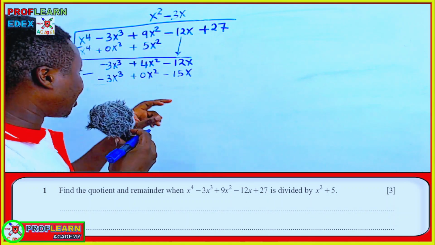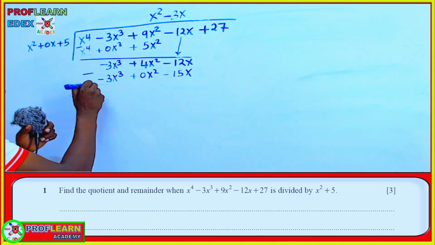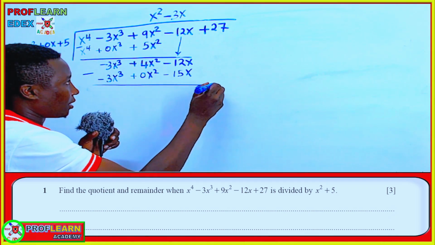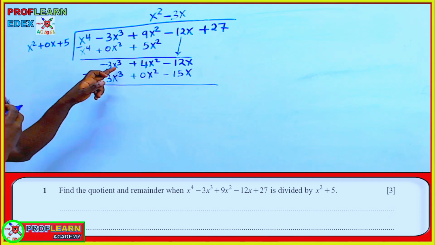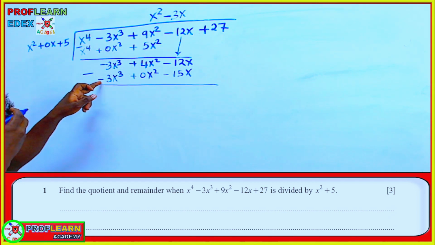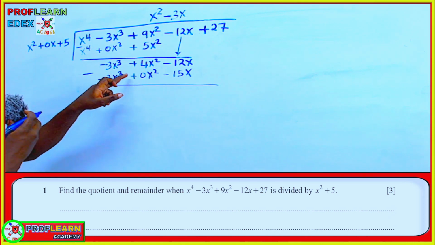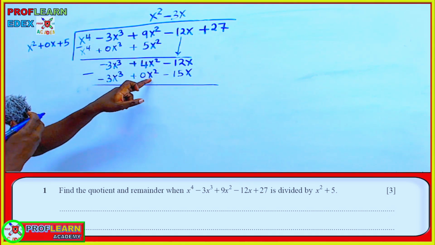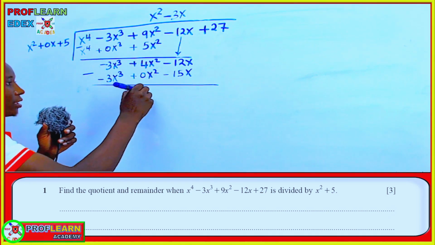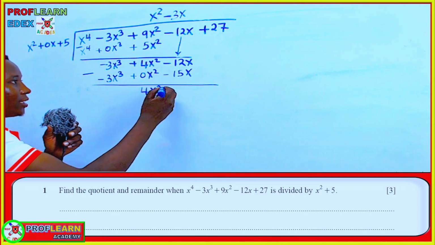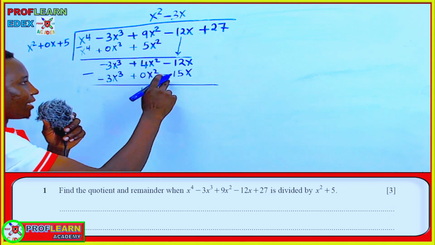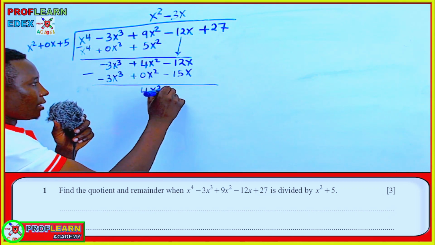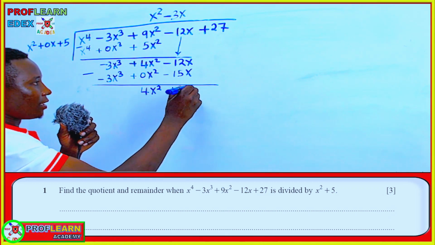Once we are at this step, the next thing we do is subtract. Minus 3x cubed minus negative 3x cubed is going to be 0. And 4x squared minus 0x squared, we get 4x squared. And negative 12 minus negative 15 is going to be plus 3x.